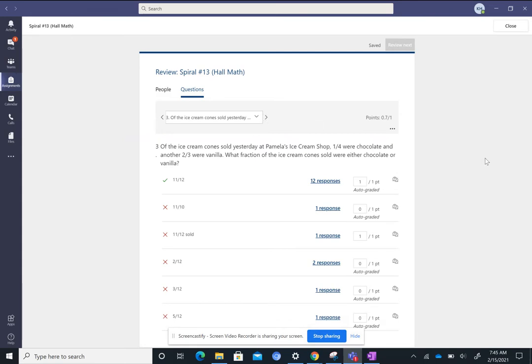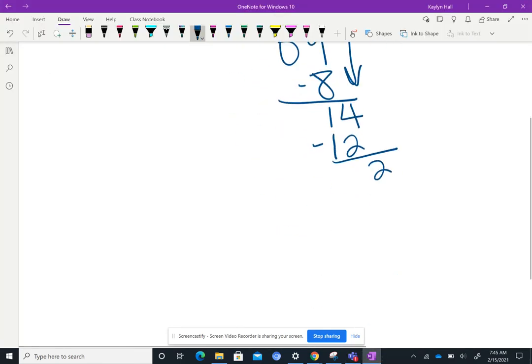Of the ice cream cones sold yesterday at Pamela's ice cream shop, 1/4 were chocolate and another 2/3 were vanilla. What fraction of the ice cream cones sold were either chocolate or vanilla? So if we're talking about either or, we're going to add. So we have 1/4 plus 2/3.